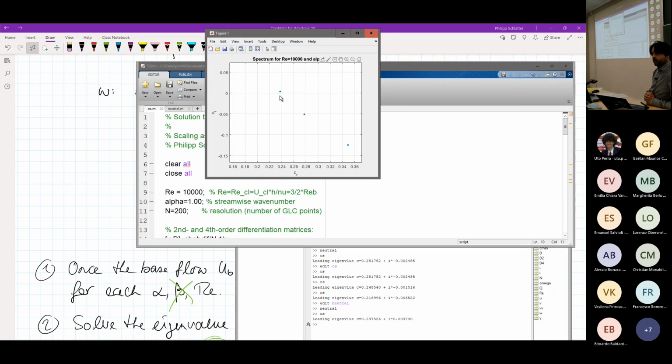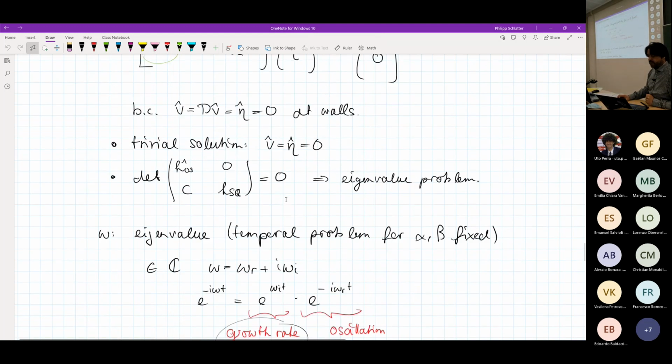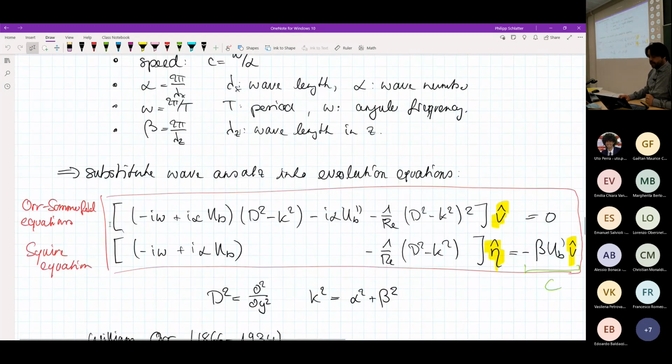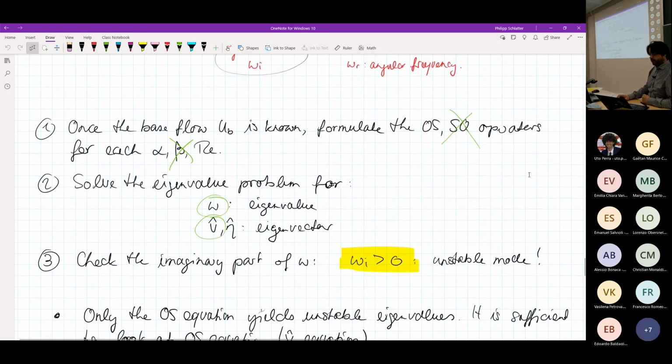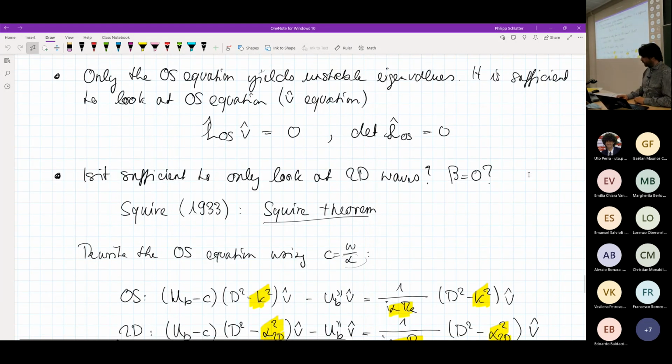So with these MATLAB tools that I will provide to you, you can actually do exactly what we discussed now. You can formulate your Sommerfeld problem, you put in an alpha, and you solve it, and you will get a result for it.